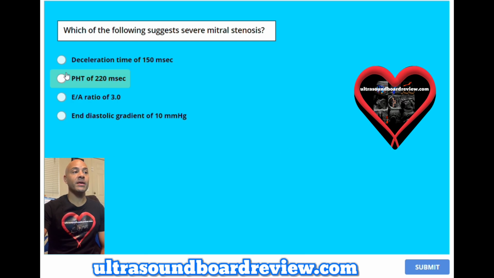The answer is B, a pressure half time of 220 milliseconds. An end diastolic gradient of 10 millimeters of mercury is moderate to severe stenosis. Anything greater than 10 is severe mitral stenosis.